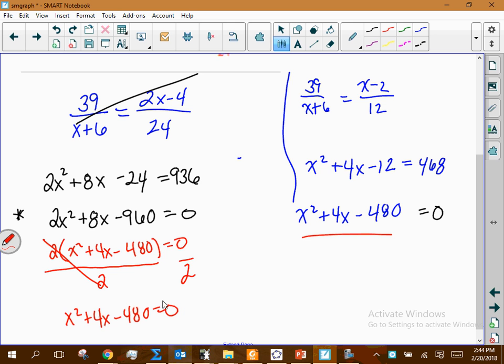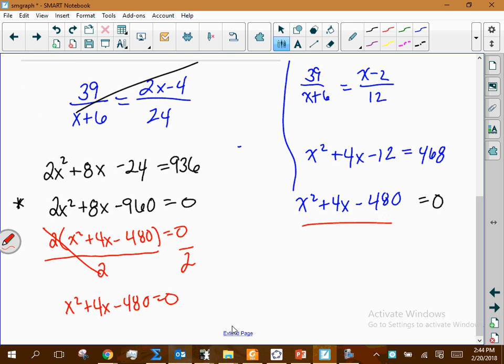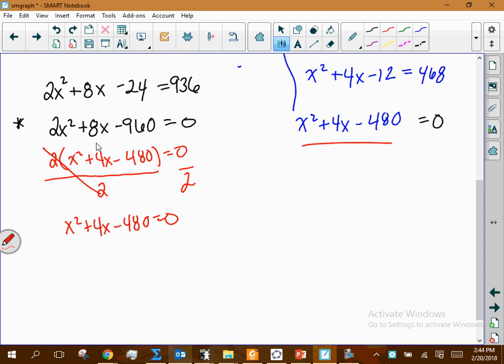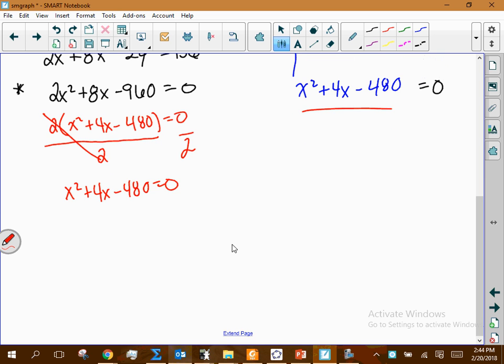Throughout the day, I keep getting people to say, well, I saw the 2 in there and I just got rid of it. Okay, it just disappeared. Which, okay, yeah, it does, but I need you to understand why, because eventually in Algebra 2, College Algebra, Trig, Calculus, Integrated 3, there's going to be situations when we have like 2x squared plus 8x minus 960, and I factor that 2 out because I need to.